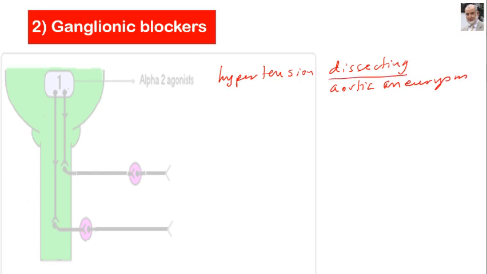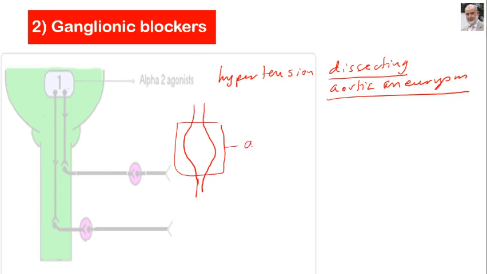Dissecting aortic aneurysm. What happens in the aortic aneurysm? There is an aorta, the large artery. Usually, in some cases, it suffers from aneurysm, in which the walls of the aorta become very thin.